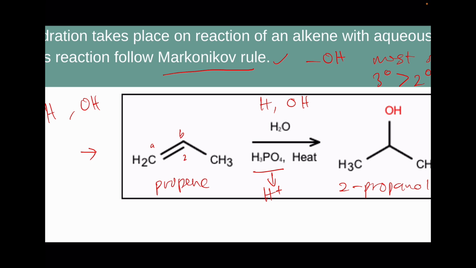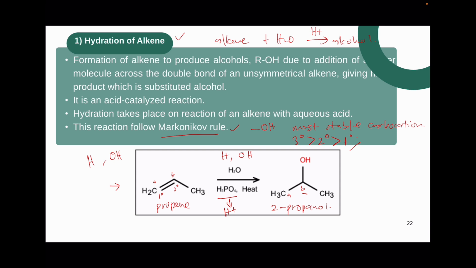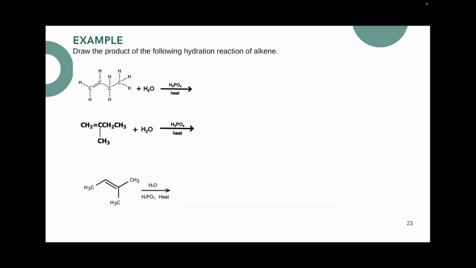Carbon B is a secondary carbon, carbon A is a primary carbon. So OH will attach to carbon B instead of carbon A, because carbon B is more stable than carbon A. That's how to get the major product for the reaction.